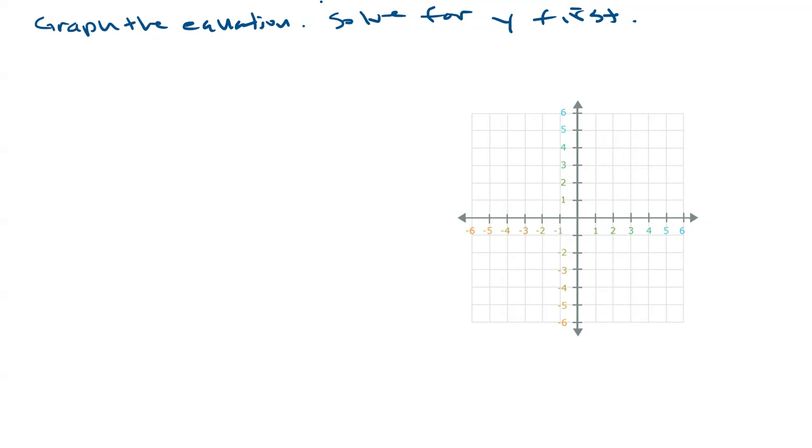Let's say we have 3x plus 2y equals 6. Again, we want to graph the equation, but we want to solve for y first. All right, so go ahead and see if you can do that.